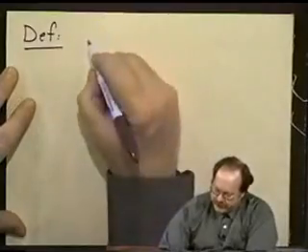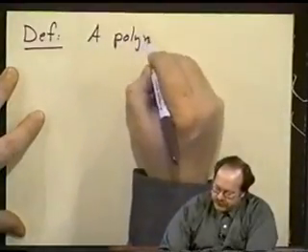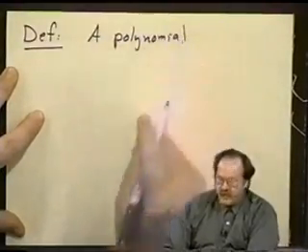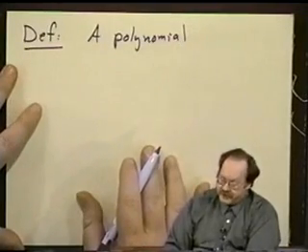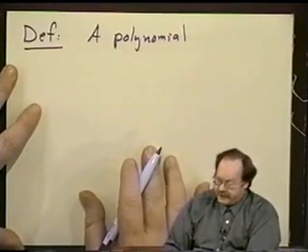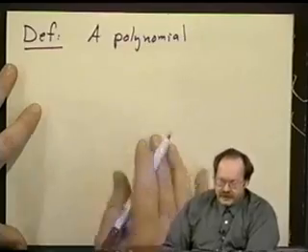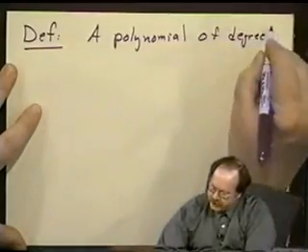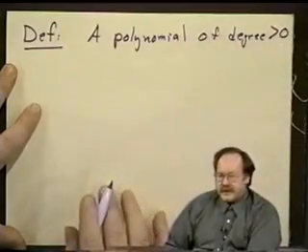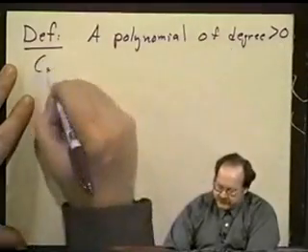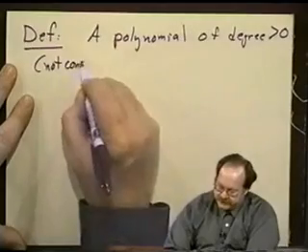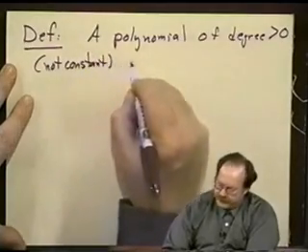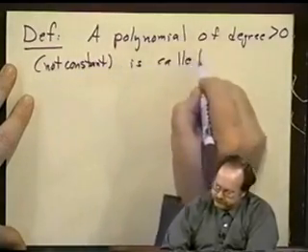Definition. A polynomial, well, first of all, we don't want to deal with numbers, constants, because the natural numbers will factor into primes, but not necessarily real numbers. So a polynomial of degree greater than 0. So we're taking one that's greater than 0, which means it's not constant. I'll put that here, not constant, is called prime.